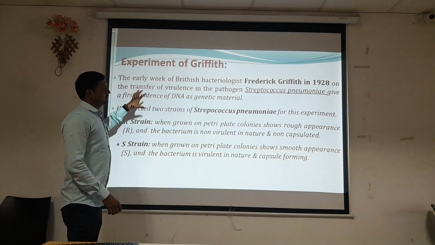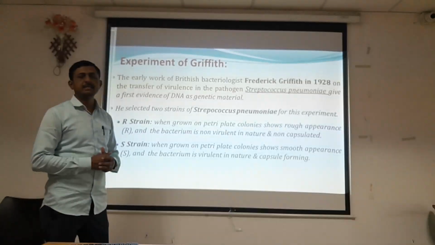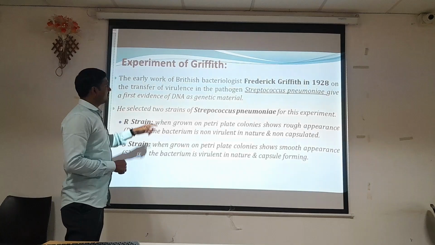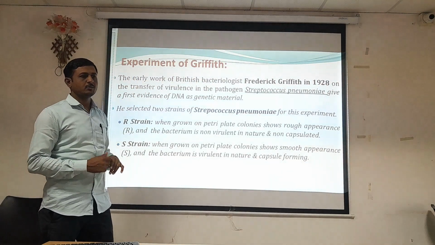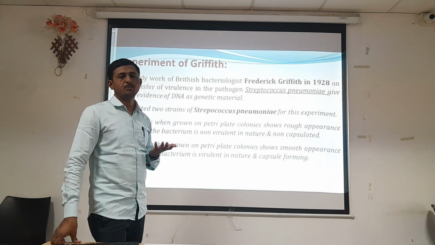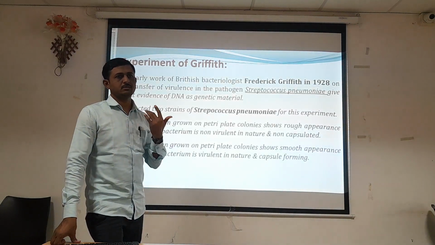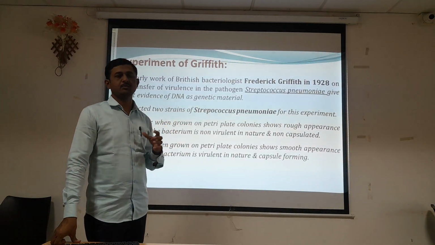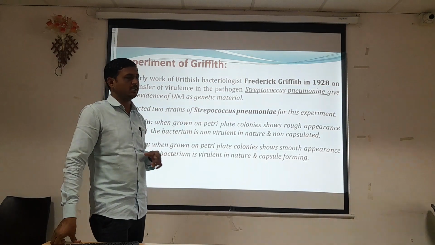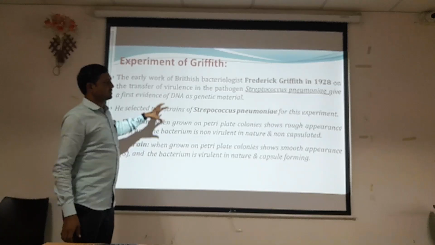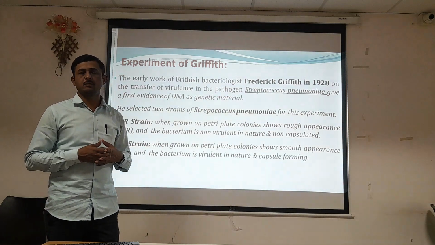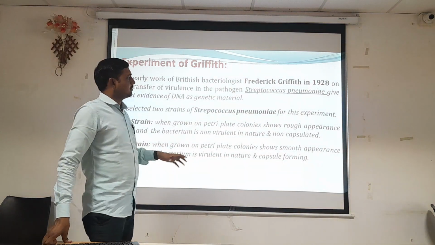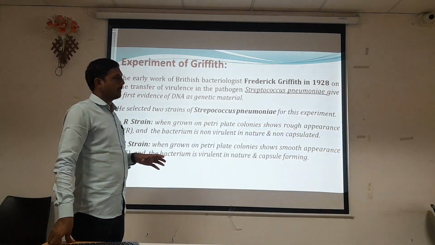The first experiment was performed by Griffith. That experiment was to find out which component is transformed, which he called the transforming principle. For this, he carried out experiments on mice using different strains of bacteria.